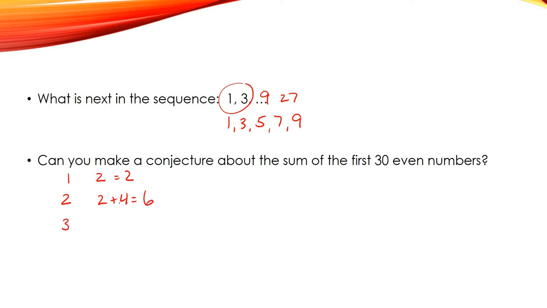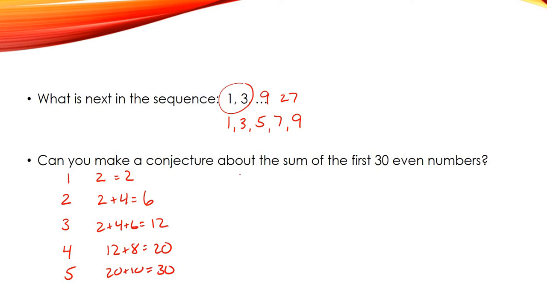If I do the first 3 even numbers, 2 plus 4 plus 6, now I have 12. The first 4 even numbers would be the first 3 plus 8, which would be 20. The first 5 even numbers would be 20 plus 10, which would be 30. So let's see if I can see a pattern.